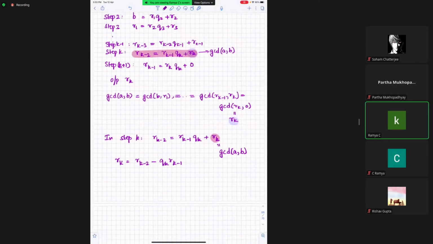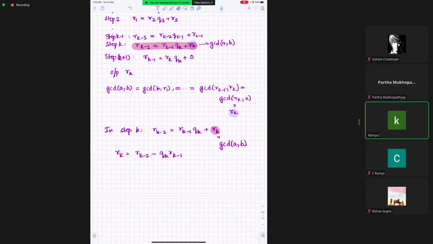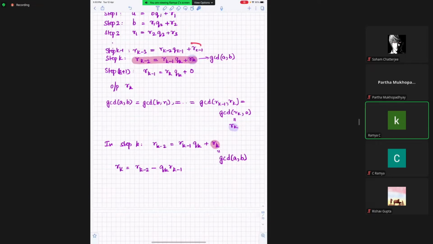So now what can we say about this? I have Rk minus 1. Just a reminder, in this step, just like what we did, I can write Rk minus 1 as a linear combination of Rk minus 2 and Rk minus 3.